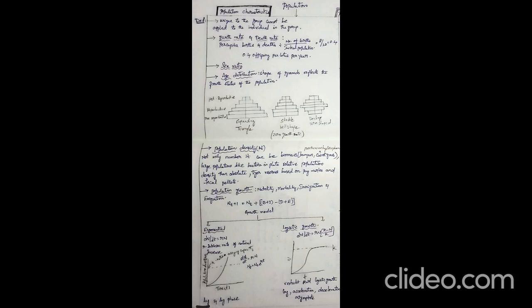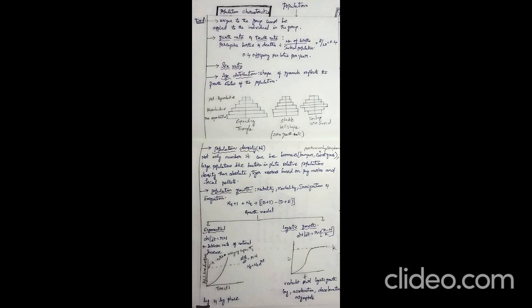This logistic growth curve is also called Verhulst-Pearl logistic growth, and it is the realistic one. Here also different phases are there. In exponential there are only two phases, lag and log. Here there are 4 phases: lag phase, acceleration phase, deceleration phase and asymptote. So these are the 4 different phases you will see in logistic growth.